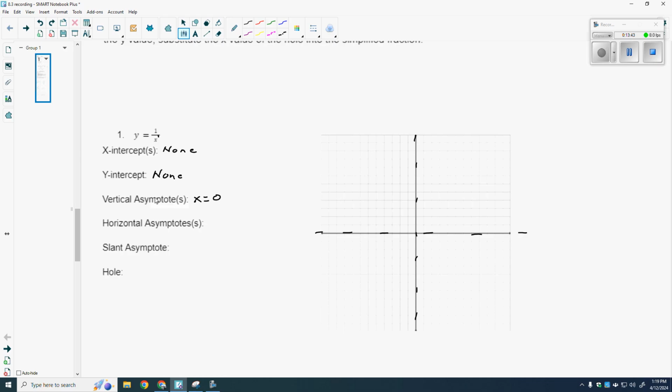Vertical asymptotes, your lines will never cross a vertical asymptote, okay? But your horizontal asymptote is the y value your graph approaches when x goes to negative infinity or positive infinity. And your graph can cross a horizontal asymptote as many times as it wants to.